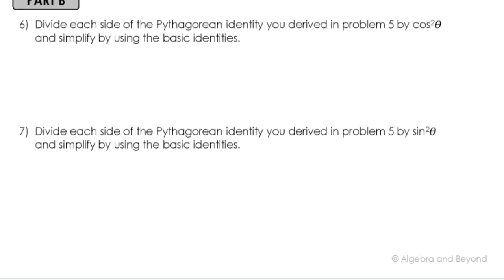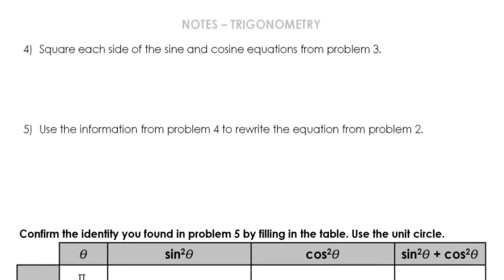Now we're going to use that to help us finish this off. The equations that we just came up with for sine and cosine, we are going to square each side. We're manipulating those equations to start to figure some things out. We're going to use that sine theta is b over c, and cosine theta is a over c.